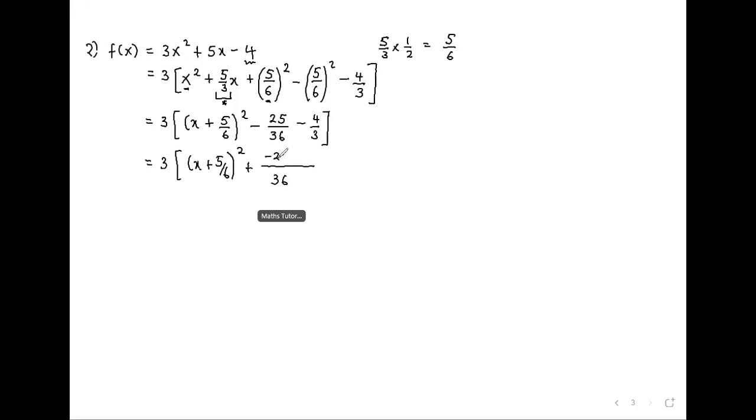So we have negative 25 minus 3 into 36, 12. 12 by 4, we get 48. Which is 3x plus 5 over 6 squared minus 25 minus 48, that's 73 over 36.